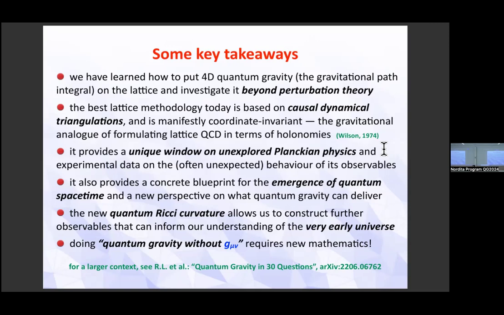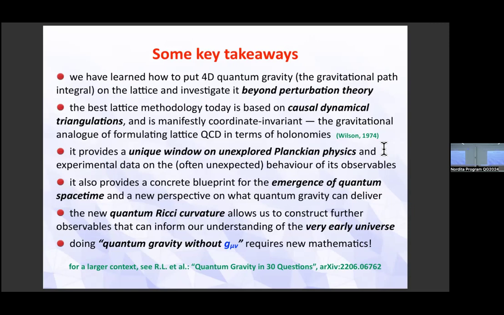Just it doesn't live everywhere, but it lives only at lattice vertices. So my method of putting gravity on the lattice, you may think of as constructing the variables relative to the lattice in an appropriate way so that it is indeed manifestly coordinate invariant.